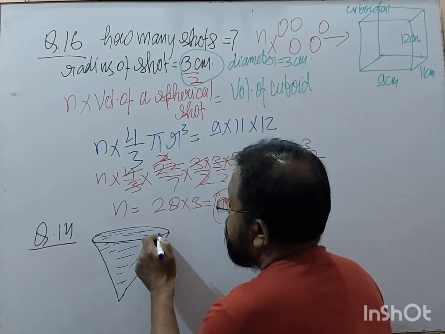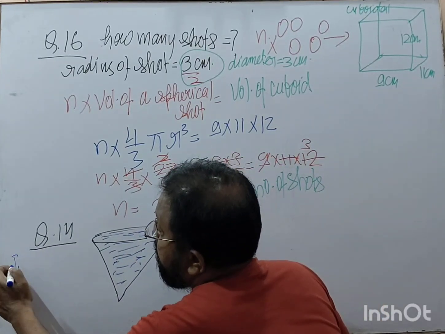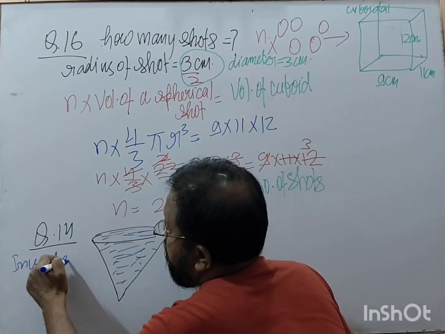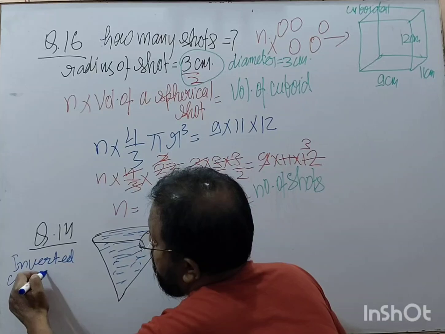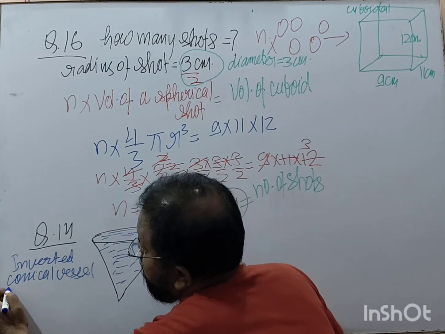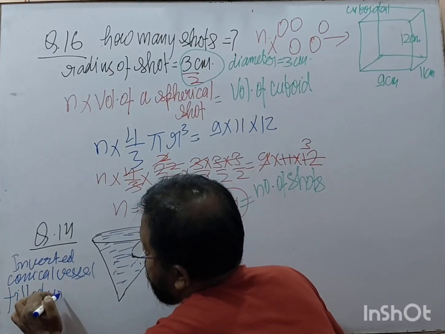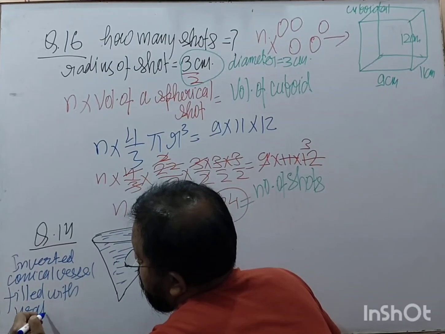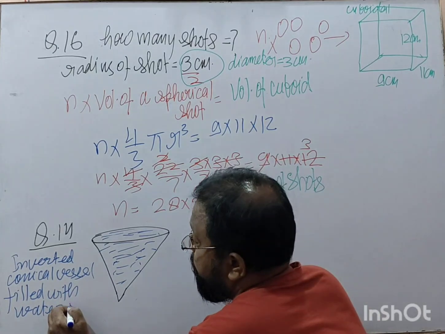Inverted conical vessel filled with water up to brim.